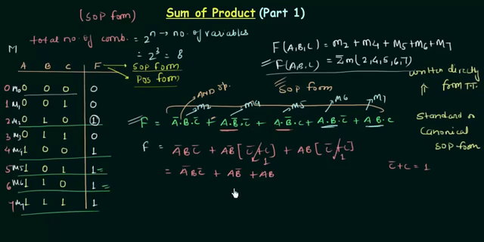And you can see now again we have something common in the last two terms, that is A. So I will take A as common from the last two terms, and we are left with B complement or B, and B complement or B is again going to be 1. So I have function f equals A complement B C complement or A. Now let's see what we can do.